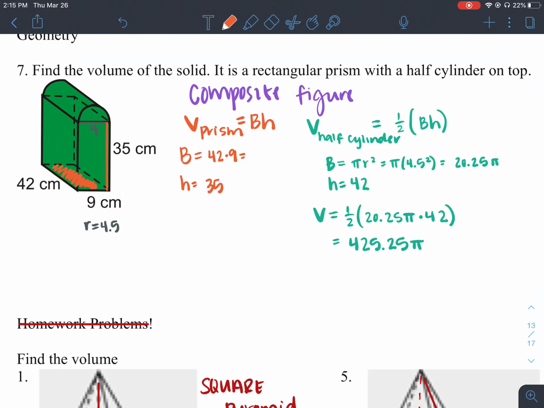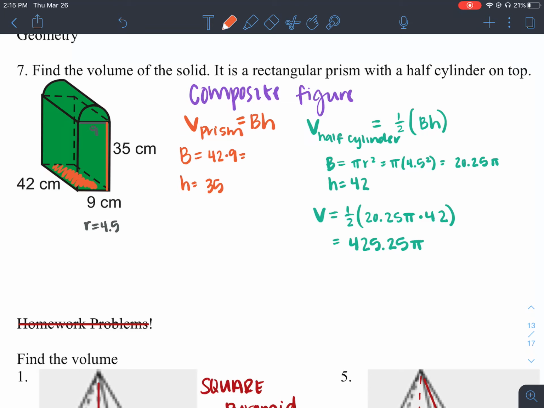Now, you may think, well, that's just a prism. Can't I just do length times width times height? And yes, you definitely can do that. But that only works for rectangular prisms. Any other prism, you have to use the area of the base times the height. So for consistency's sake, I'm always going to use area of the base times the height, even for a rectangular prism. But you can use length times width times height if it's a rectangular base.